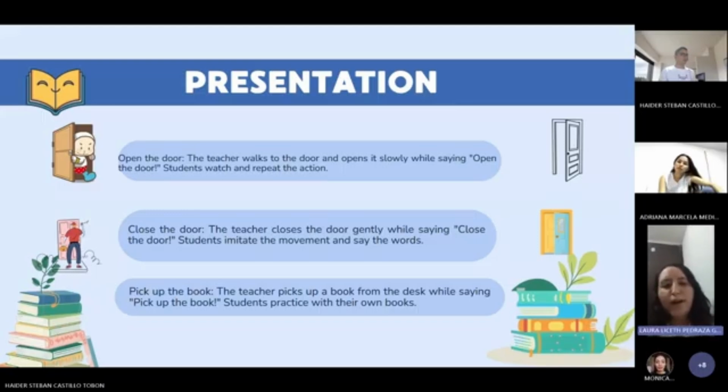So, to begin discussing the topic, we need to use verbs. Remember that verbs are words that describe actions, such as to work, to cook, to clean, to wash, to make. Bueno, para iniciar a hablar de este tema necesitamos hacer el uso de los verbos, ¿no?